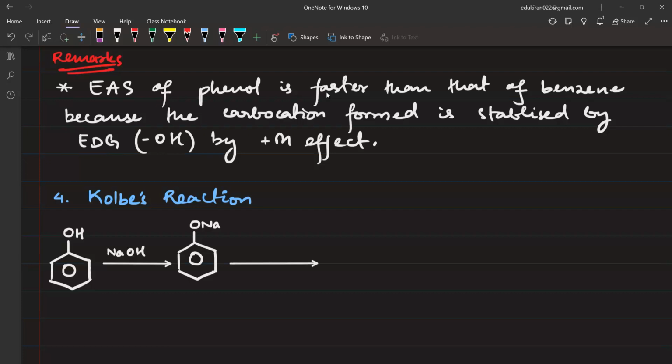Here the main reaction is starting. CO2 at high temperature around 400 Kelvin and 4 to 7 atm pressure. Okay, now when this happens, there is a formation of OH, and here you will get COONa.